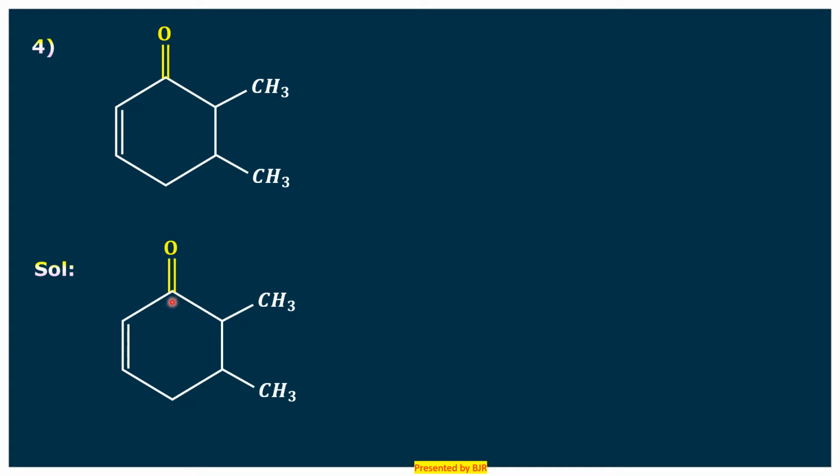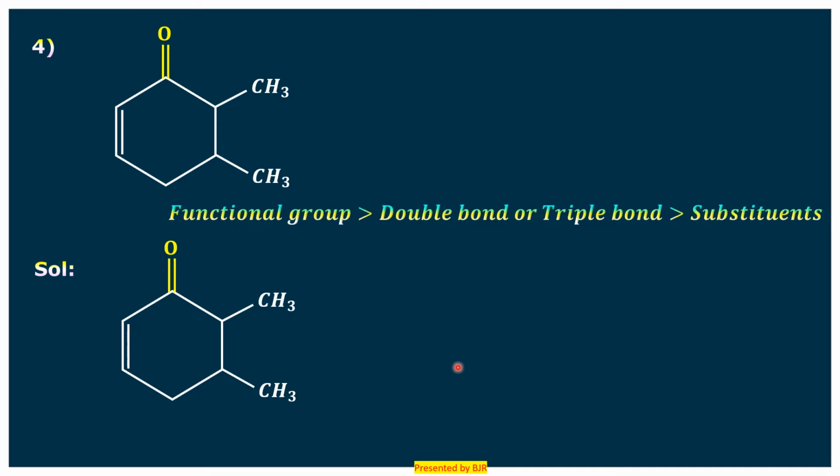First, we have to give the numbers to the carbon atoms in the ring. The priority we should follow while giving the numbers is: functional group, that is, the carbon atom to which the functional group is attached should be given the lowest number possible.